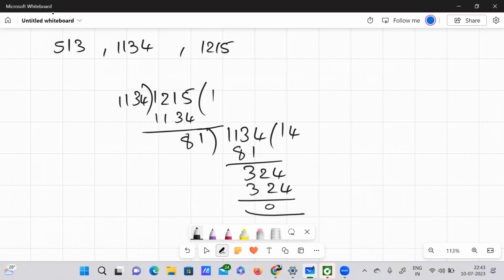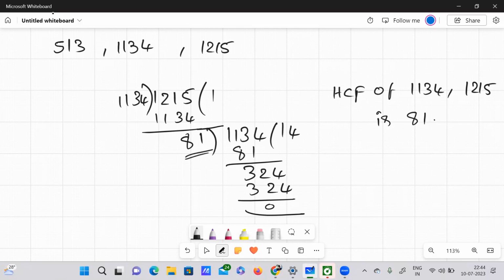So you have only calculated the HCF of 1134 comma 1215. For these two numbers, the HCF is the quotient here, 81.